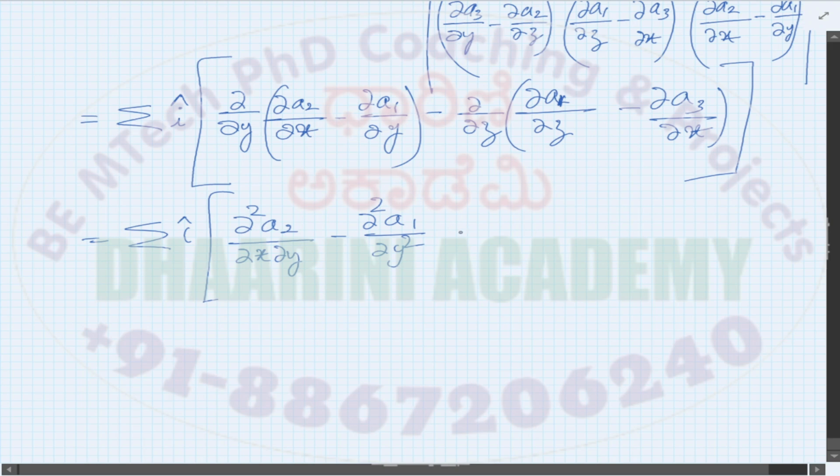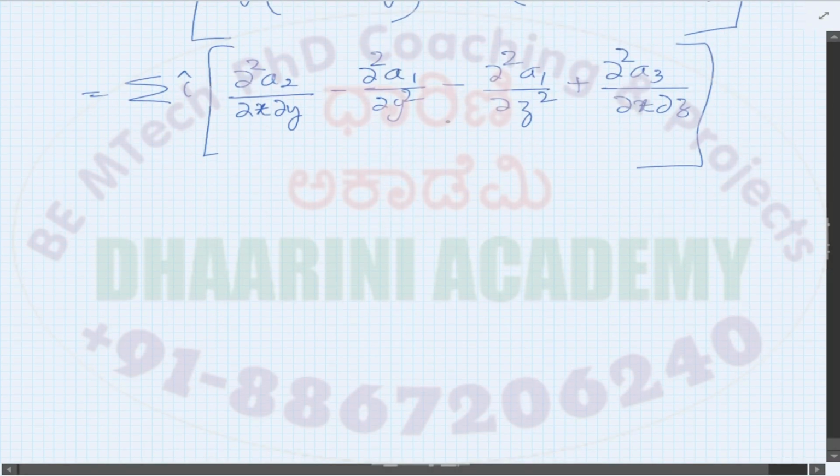Then minus ∂²A1/∂z², minus of minus becomes plus ∂²A3/∂x∂z. Okay, now I bring the summation inside the bracket and I rearrange the terms.